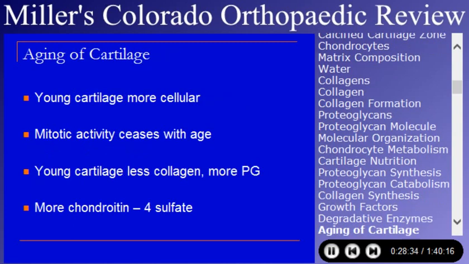Cartilage ages like the rest of us, unfortunately. Young cartilage is more cellular. Mitotic activity decreases or ceases with advancing age. Young cartilage has less collagen and more proteoglycan and more chondroitin 4 sulfate.